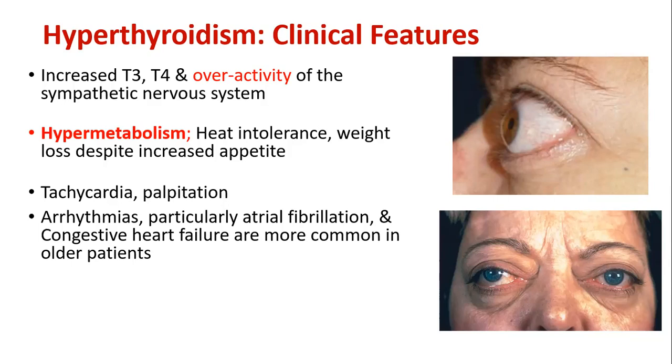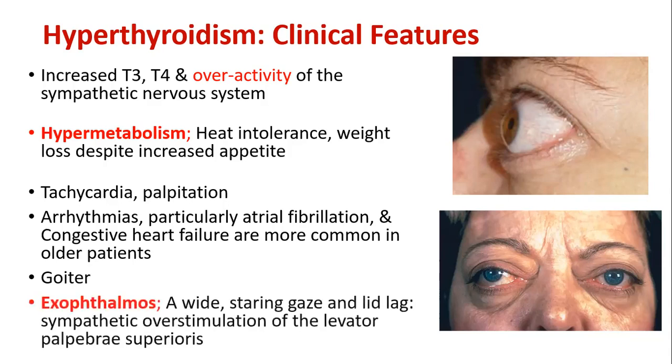Another is diabetes mellitus, especially type 1. Tachycardia and palpitation are a sign of hypermetabolic activity, increased cardiac activity. Arrhythmias, particularly atrial fibrillation, and congestive heart failure are more common in these people because of all this. They may have an enlarged thyroid gland because the gland is functioning, producing more hormone, for whatever reason.